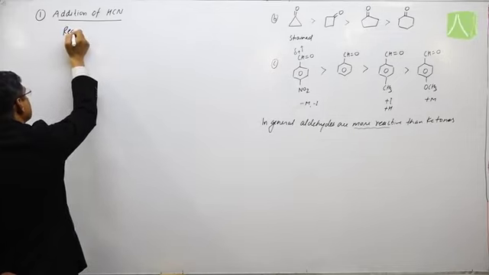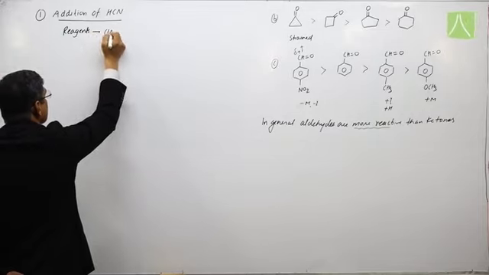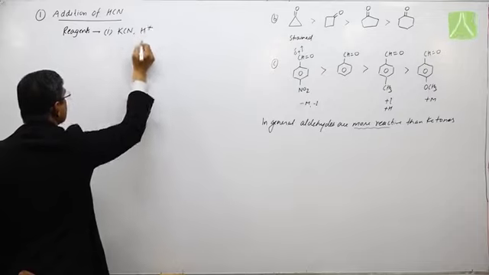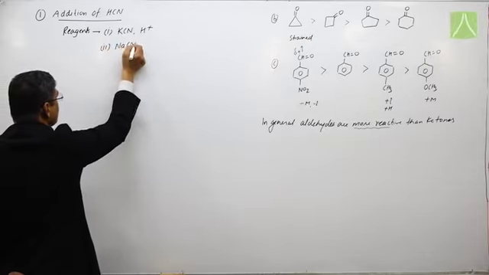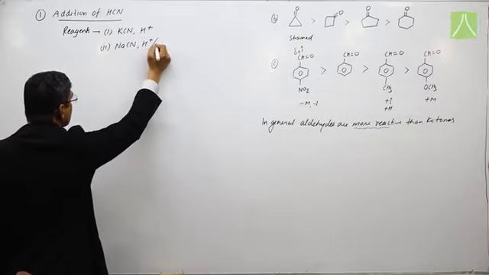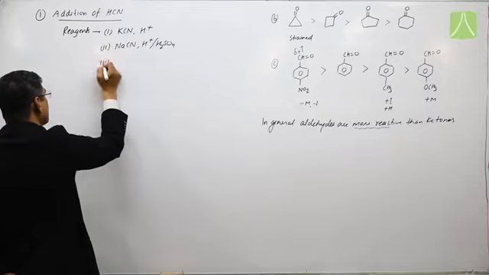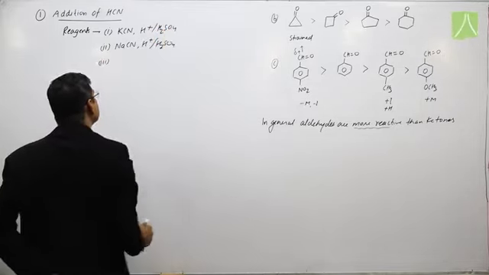Reagents are, that is important, we can take directly KCN and H plus, or we can take NaCN, H plus or H2SO4. Here also we can write H2SO4.